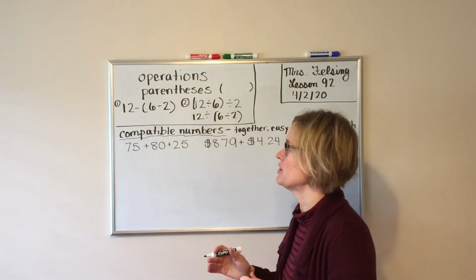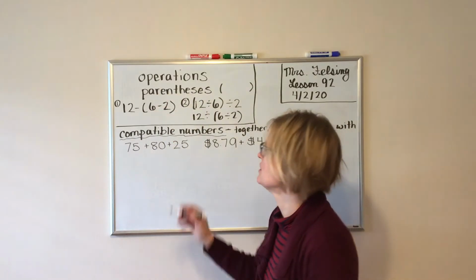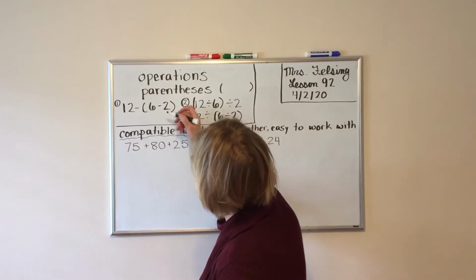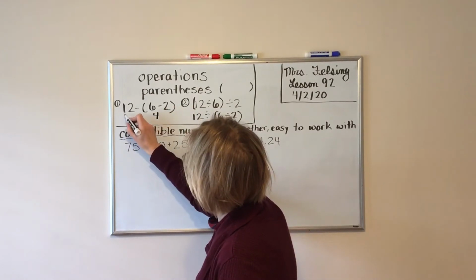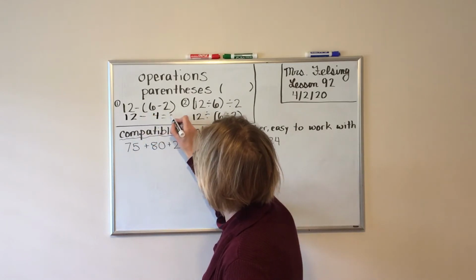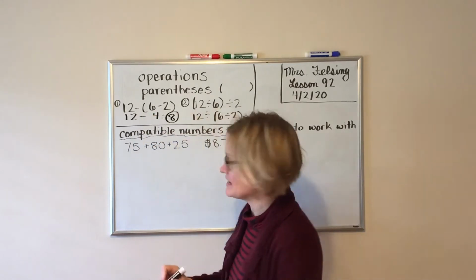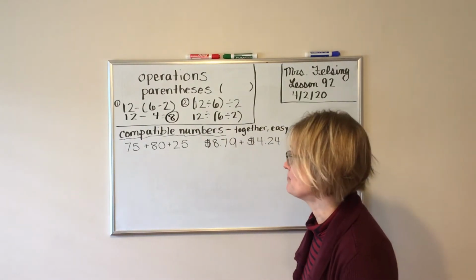No, we don't want to do that. The parentheses is saying stop, do this first. So 6 minus 2 is 4. Now I can go back and say 12 minus 4 equals 8. And that would be the answer to my problem.